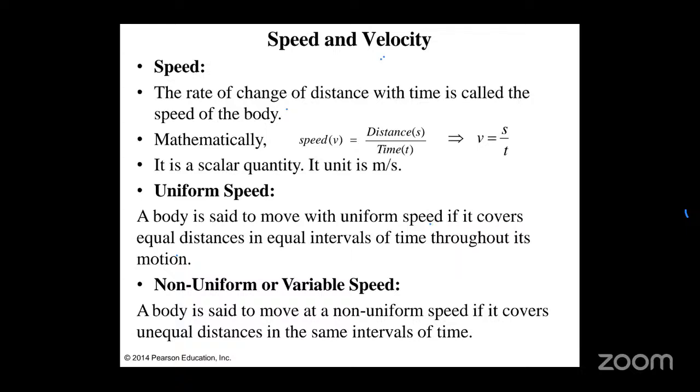Now, speed could be uniform and it could be non-uniform. So what is a uniform speed? A body is said to move with a uniform speed if it covers equal distance in equal interval of time throughout its motion.